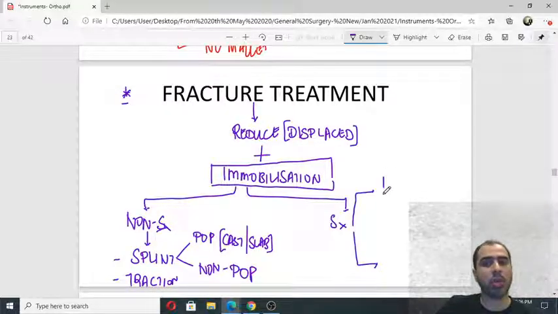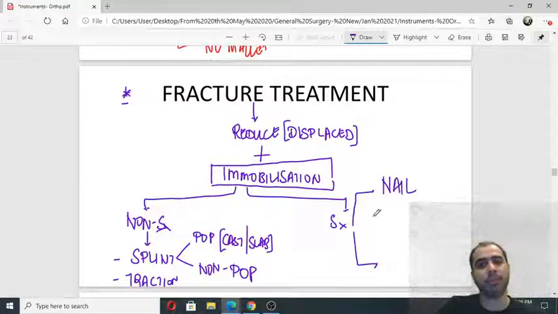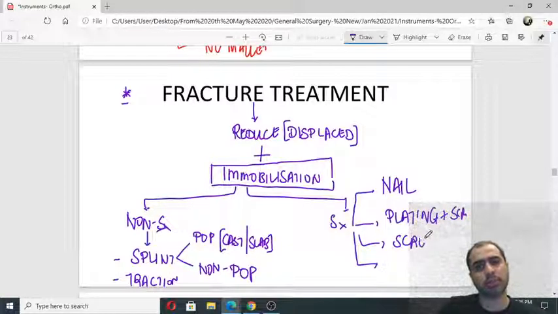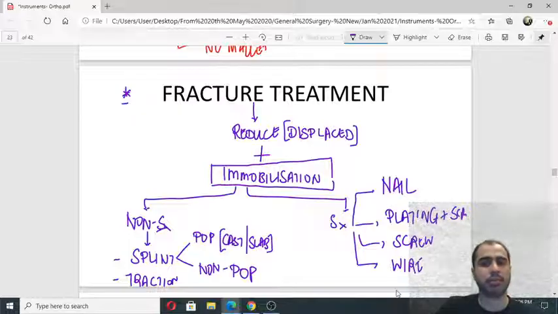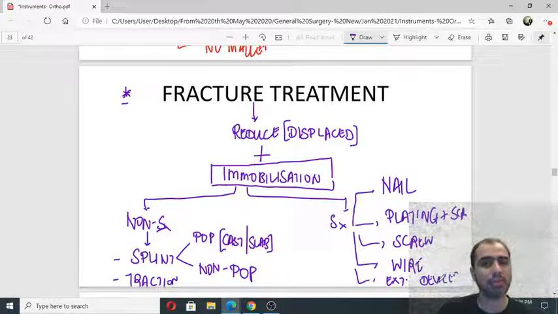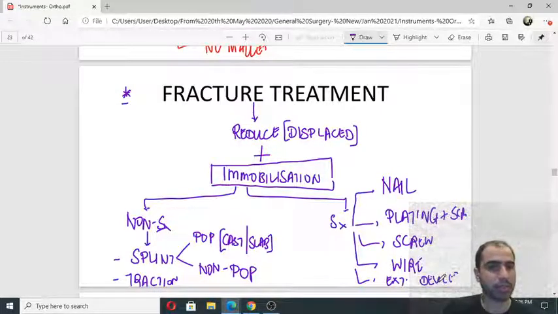Either I will immobilize it or keep it steady with the help of nailing or plating with screws, or just screws, or wires, or external devices, external fixator बोलते हैं, which we are going to discuss.